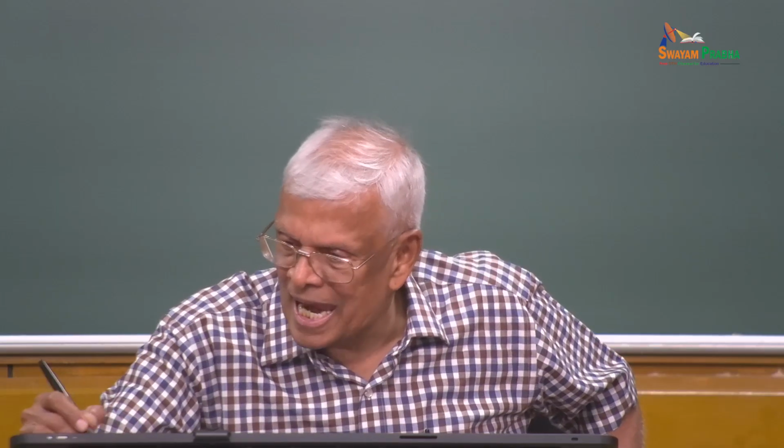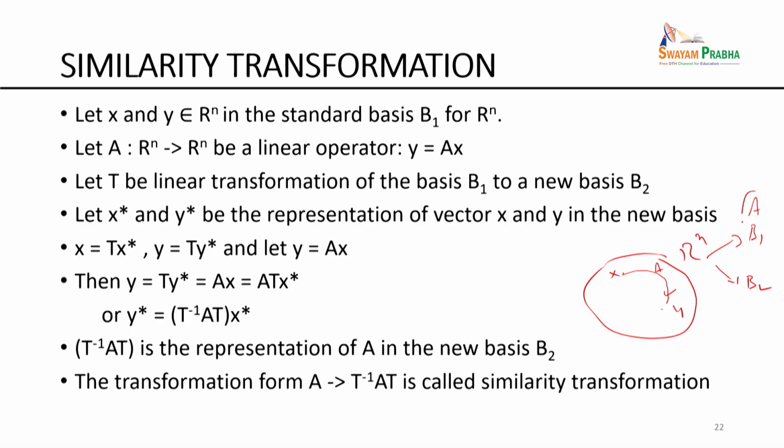The operator A is defined in the old basis. If I change the basis, I need a new expression for the operator in the new basis. That's what we are going to be talking about. Let X star, Y star be the representation of X and Y in the new basis.